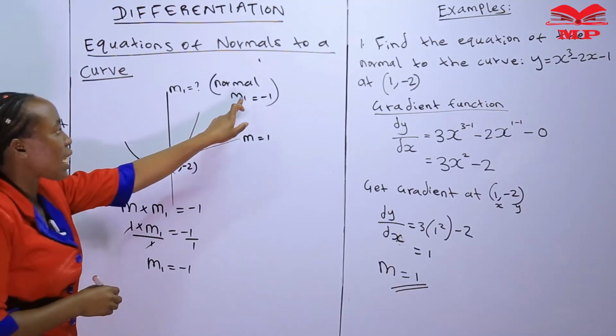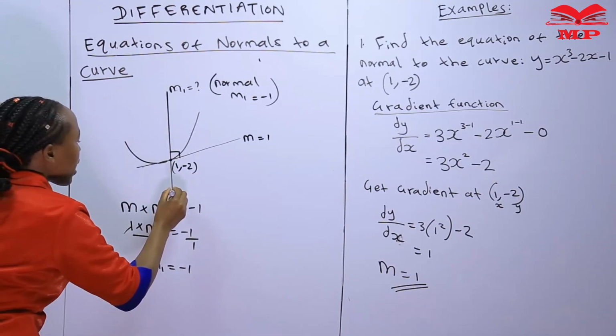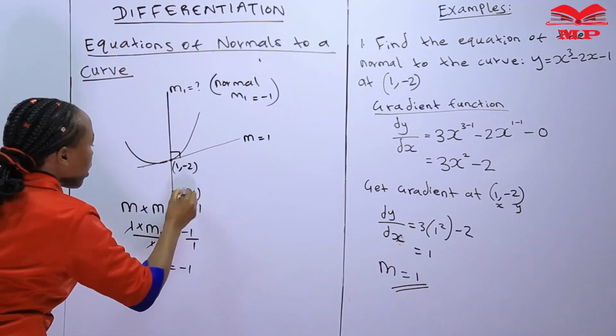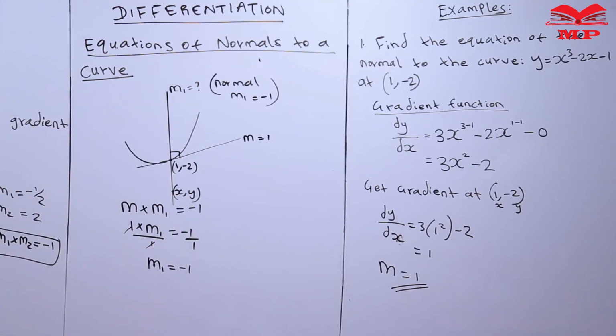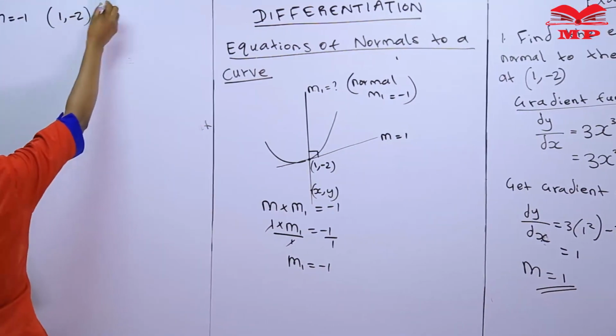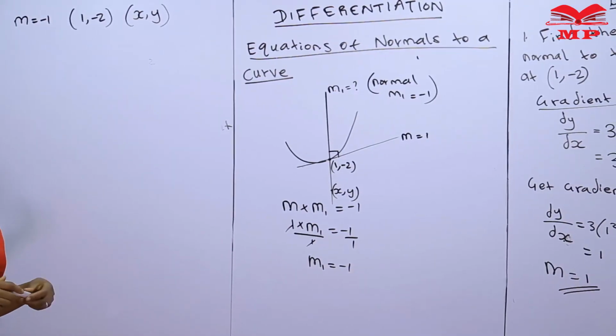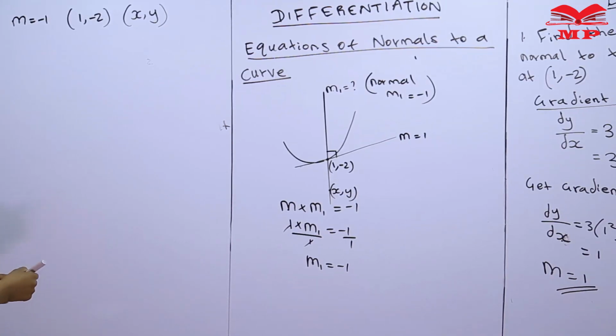So now we have the gradient of the normal, we have the point, and we can take another point, which is an imaginary point (x, y). So we find now the gradient of the normal at this point (1, -2), and the gradient of the normal is -1. With this now we can find the equation of the normal to a curve.